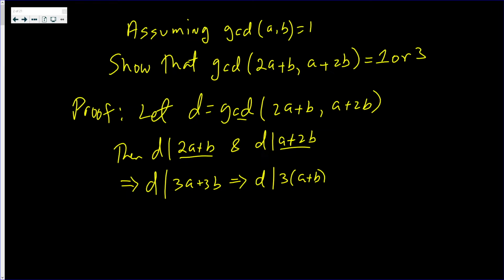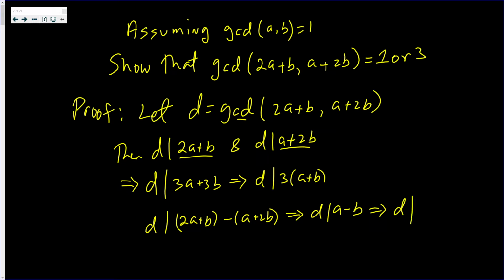Now D also divides the difference, 2a plus b minus (a plus 2b). That is, D divides a minus b, which for the record implies D divides any multiple of a minus b.